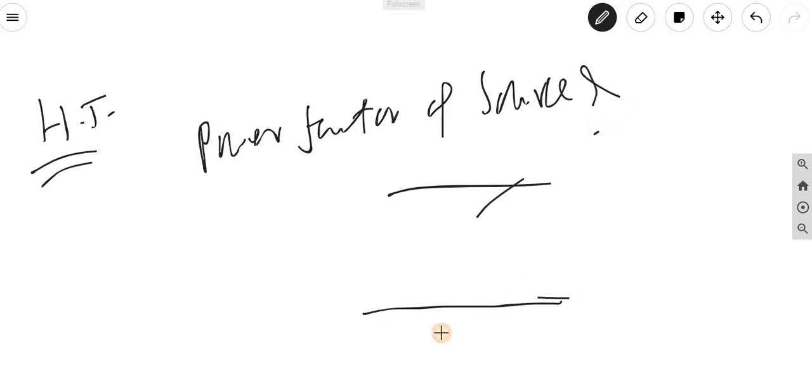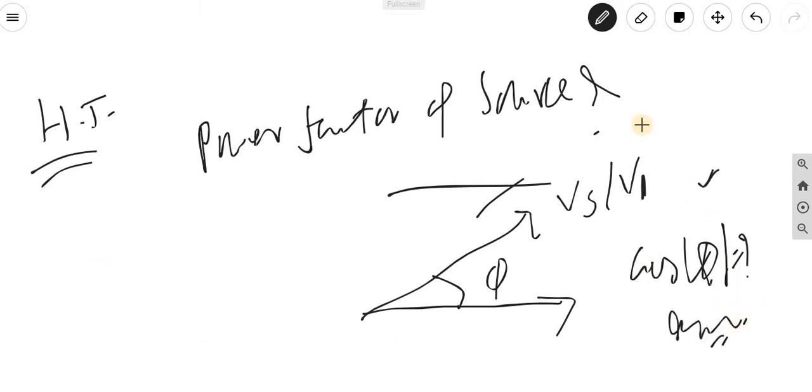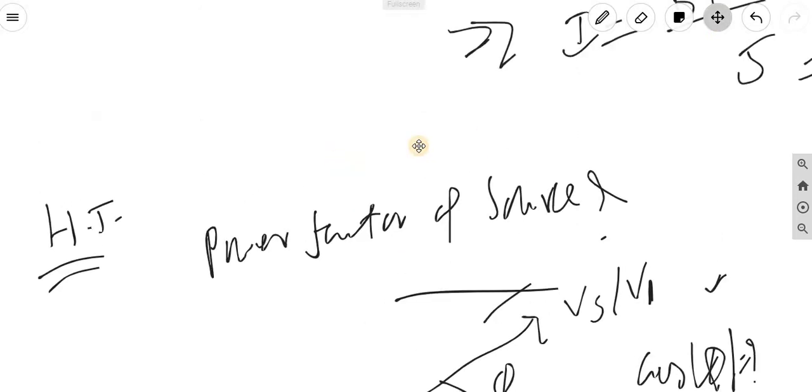This is the current, and this will be the source voltage, here V1. We have to find this angle, so cos of this angle, and whether it is lagging or leading.